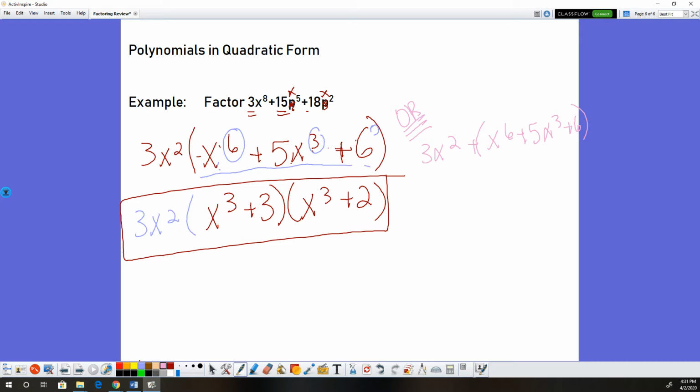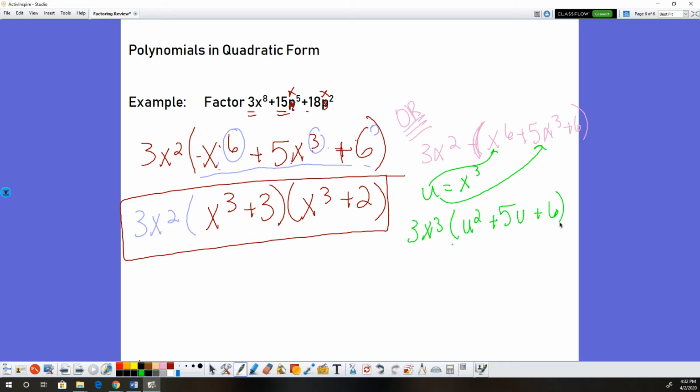What we did in my class is substitution. Let u equal x cubed. If I substitute u in for x to the 3rd, I get 3x squared times u squared plus 5u plus 6.